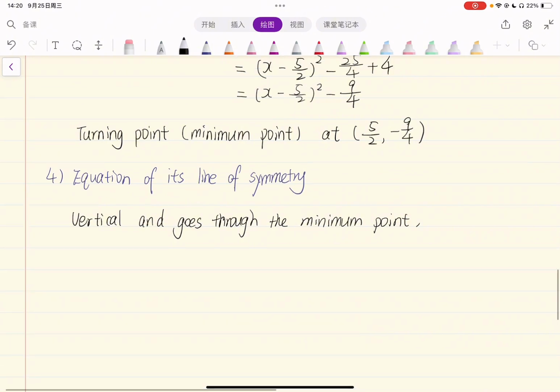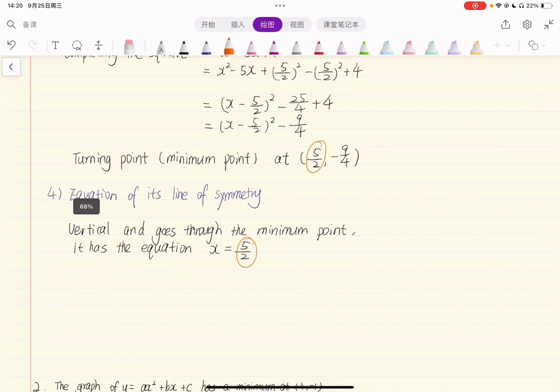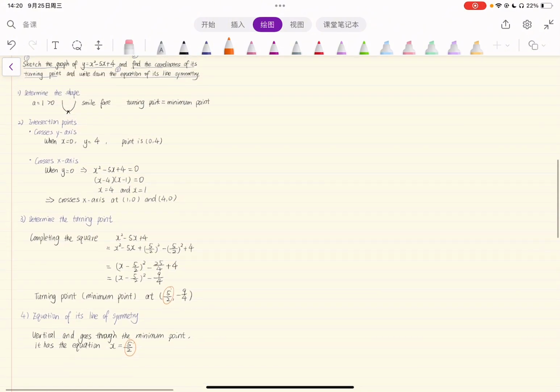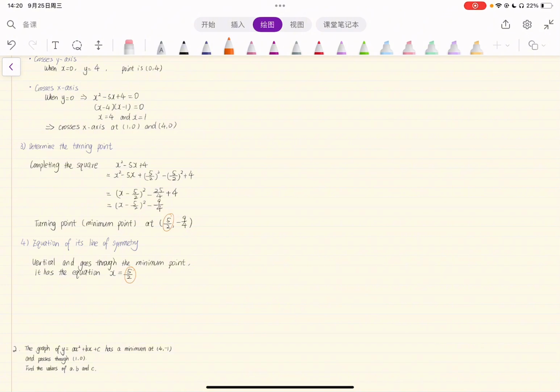Which line is it? It has the equation x equals 5 over 2. Then we can sketch the graph. We have determined all the key features: the shape, the intersection points, the turning point, and the equation of its line of symmetry.